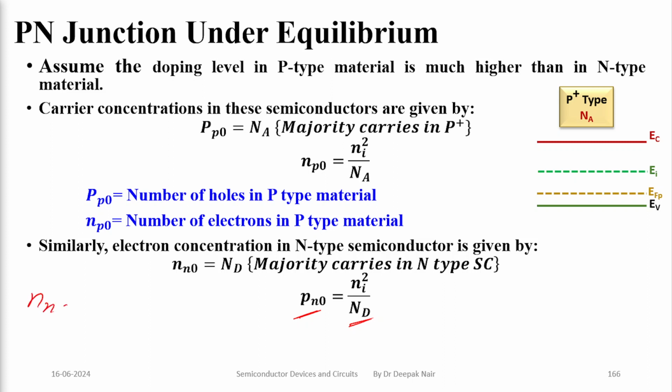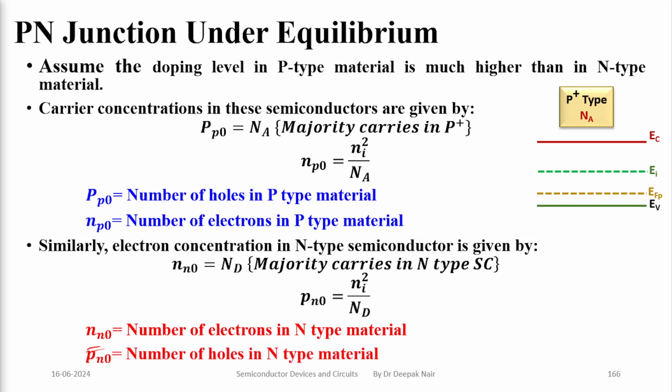Here the subscript N denotes the n-type semiconductor, N represents the electrons and P represents the holes. From the above equations, Nn naught is the number of electrons in n-type semiconductor and Pn naught is the number of holes in the n-type semiconductor. Electrons are majority and holes are minority in case of n-type semiconductor.